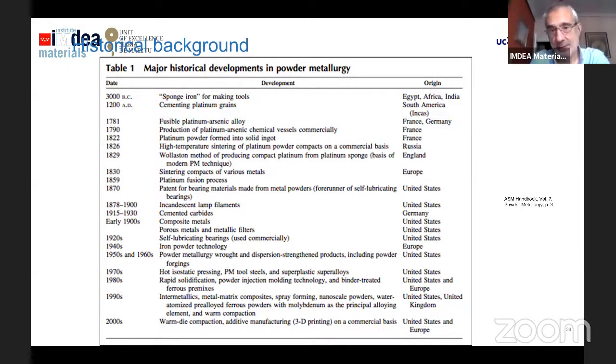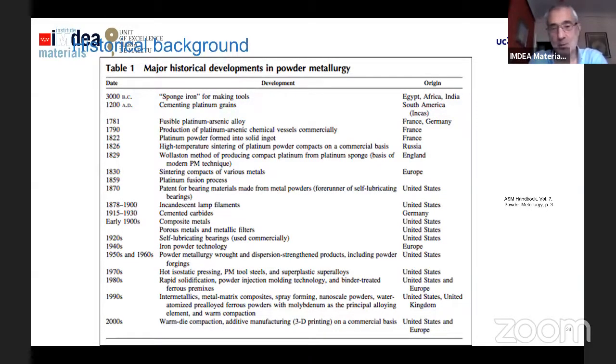Later, in the Inca period, they also used some grains of platinum, some even used powder of gold or silver or other metals that they could find in nature, and by heating these powders a little bit they could forge them in some way and produce some jewelry and some small tools.